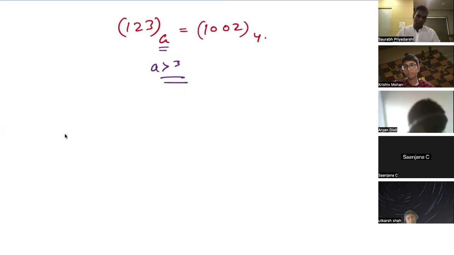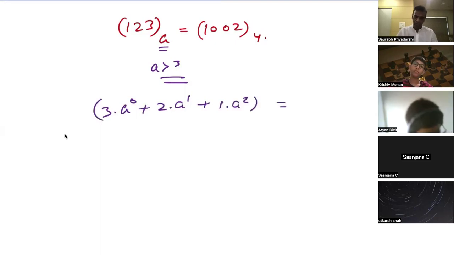After a little practice we'll go directly, without changing the base, to A square is equal to 2 plus 0 into 4 to the power 1 plus 0 into 4 to the power 2 plus 1 into 4 to the power 3.